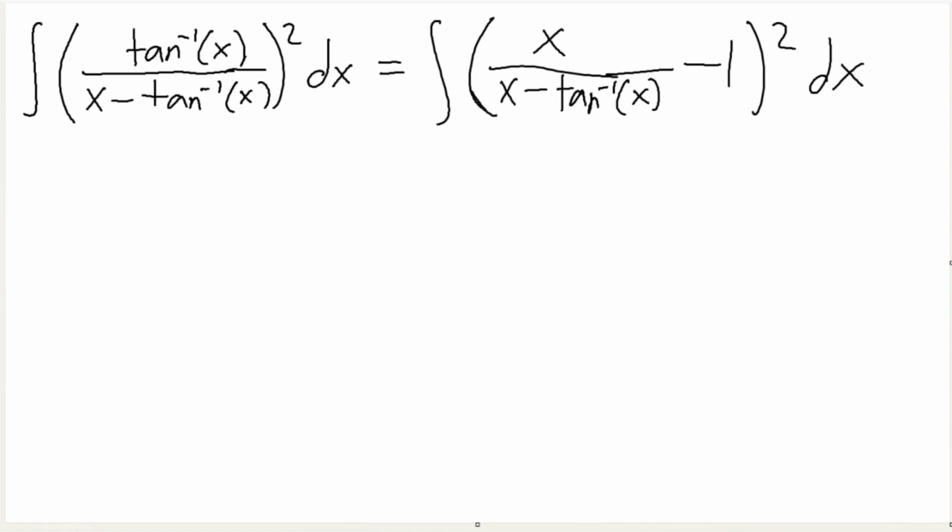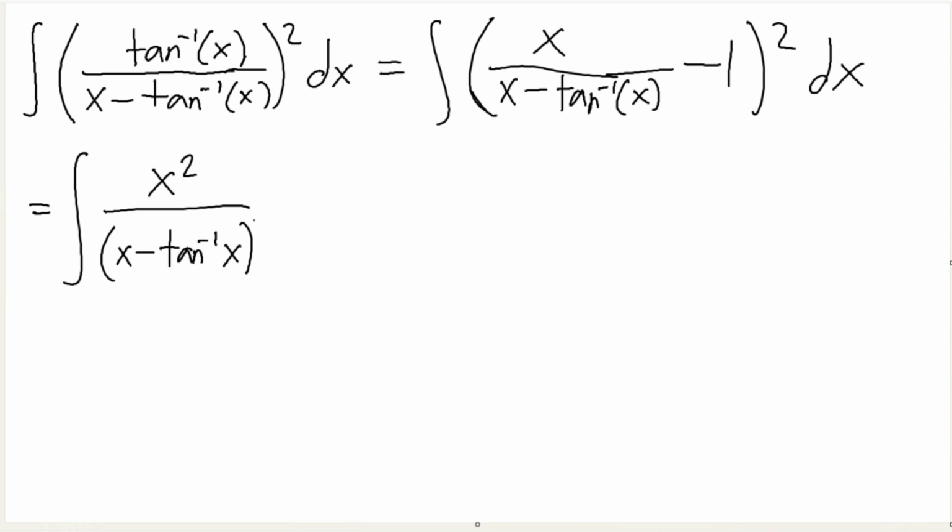And if we simplify this, we get x squared of this minus 2x, x minus inverse tangent of x, plus 1.